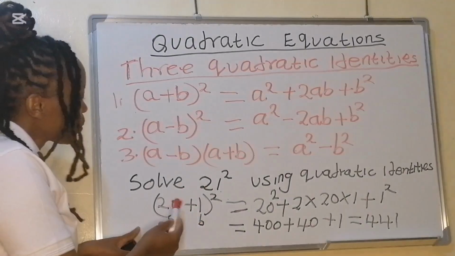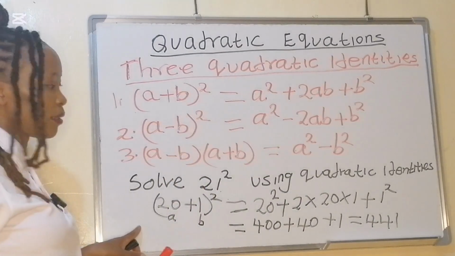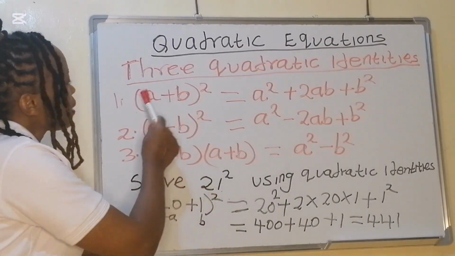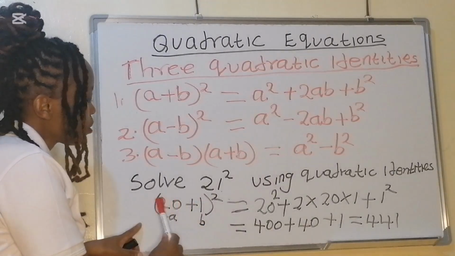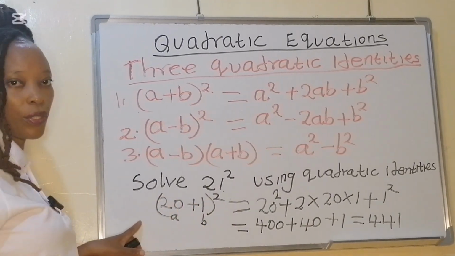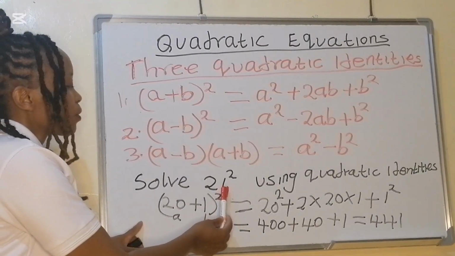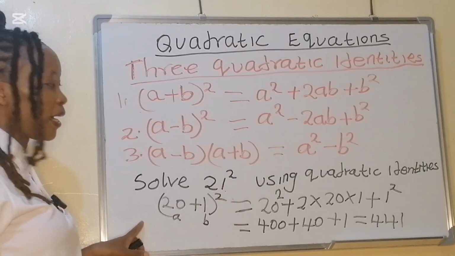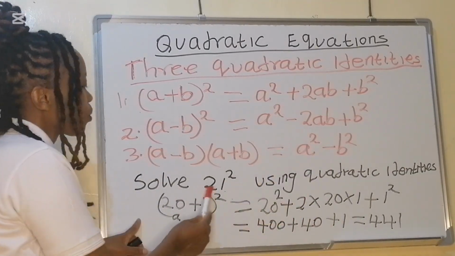So we broke 21 into 20 plus 1, and we used the first quadratic identity, the one that looks like our equation. When you are told to solve 21 squared, or any number squared, you can break it into 2 and use a quadratic identity to solve the question.